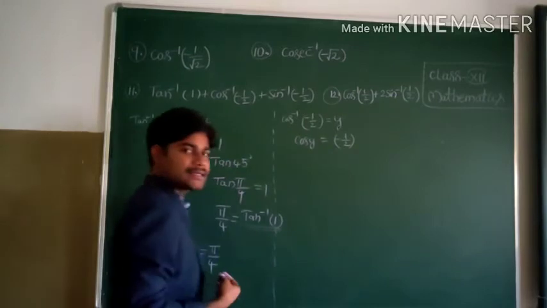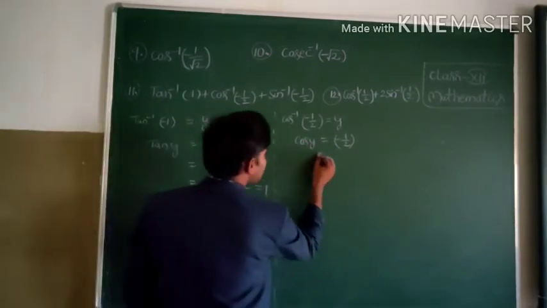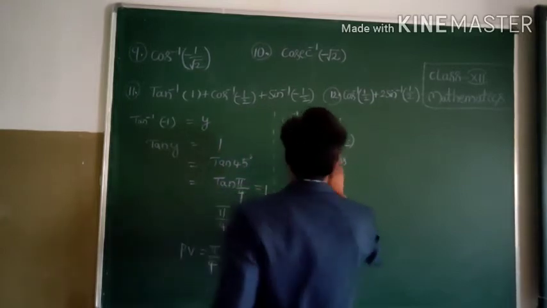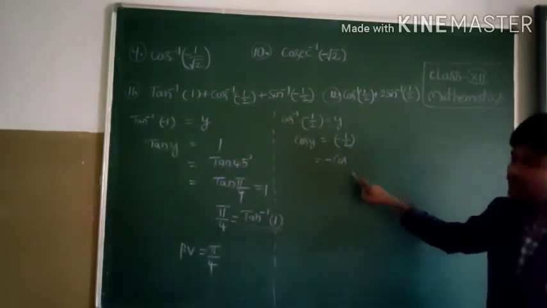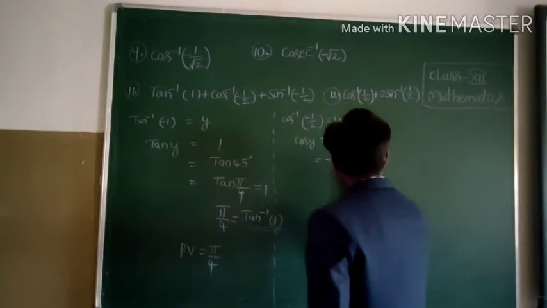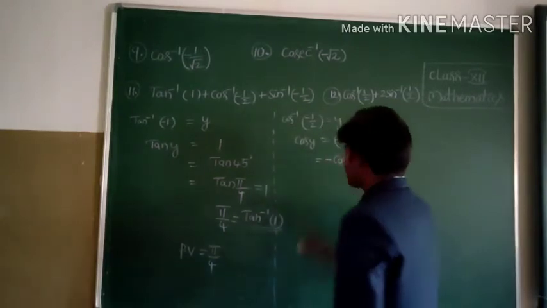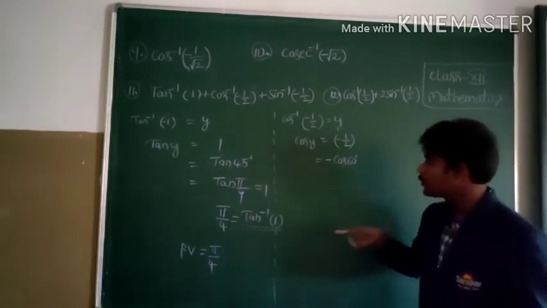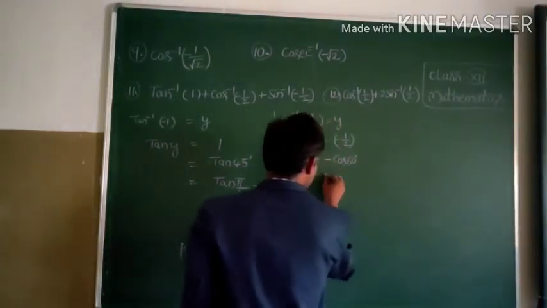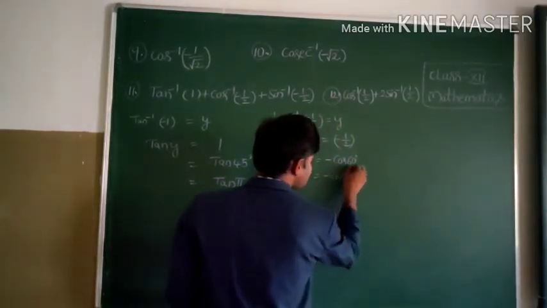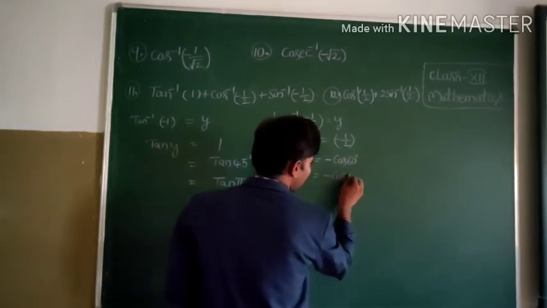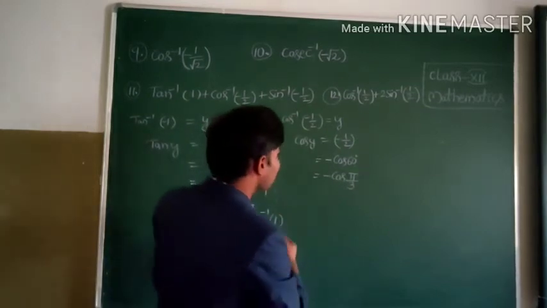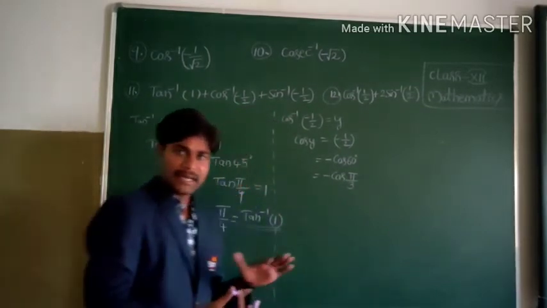Then in terms of cos, 1 by 2 is cos 60 degrees, and the minus we keep as it is. Then cos 60 degrees value, we convert in terms of radians, as before, we convert the degrees into radians.